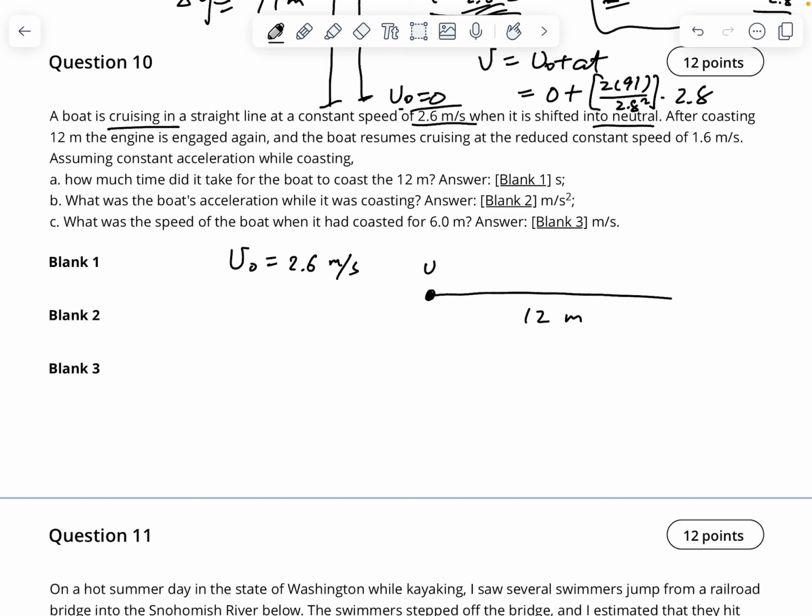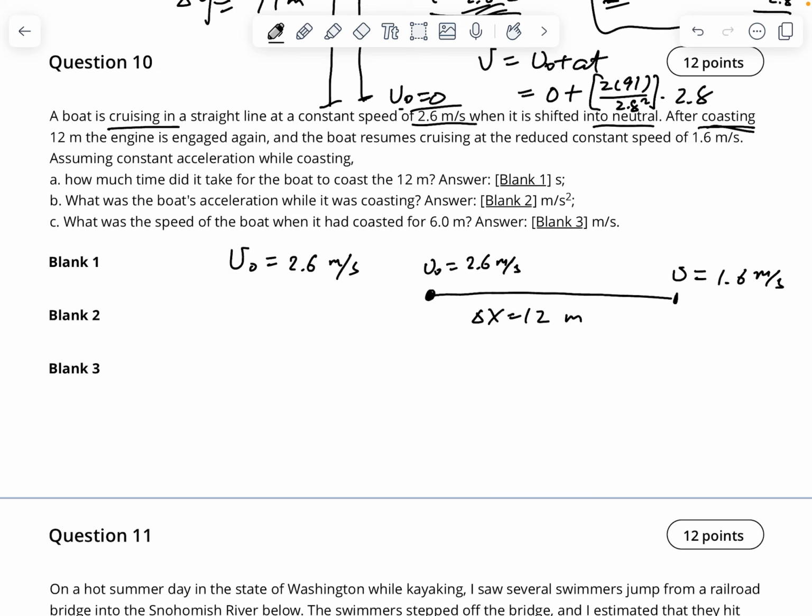So here, V naught equal to 2.6 meters per second. Then you shift to neutral, so you're coasting, right? So V equal to 1.6 meters per second. The displacement here is 12. That's all we know.